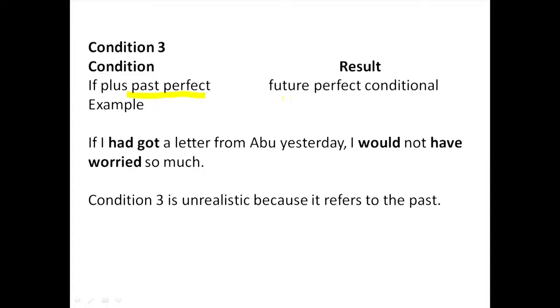Under the consequent clause or result aspect, we are to add future perfect conditional, meaning the would have done, would have sung, would have run, would have taken, would have flown, would have imagined. So would have is called the future perfect conditional. So under the result, we are to have this kind of tense.